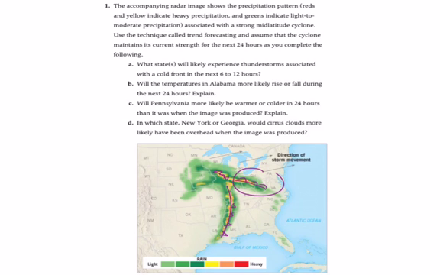In which state, New York or Georgia, would cirrus clouds be there? So, Georgia. And why? Further away. Yeah. I think what it's talking about is overrunning for this last one. Do you guys remember what that is? What is overrunning? Which front is associated with overrunning?